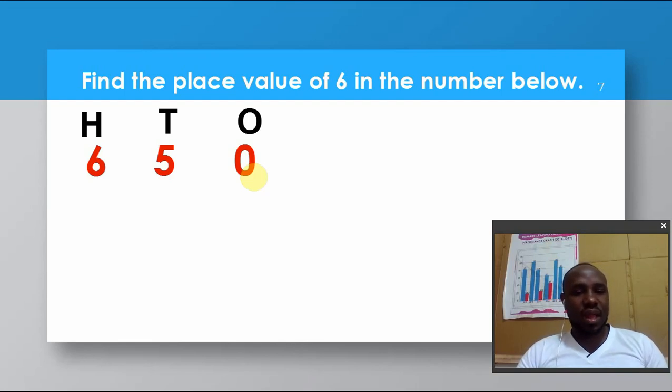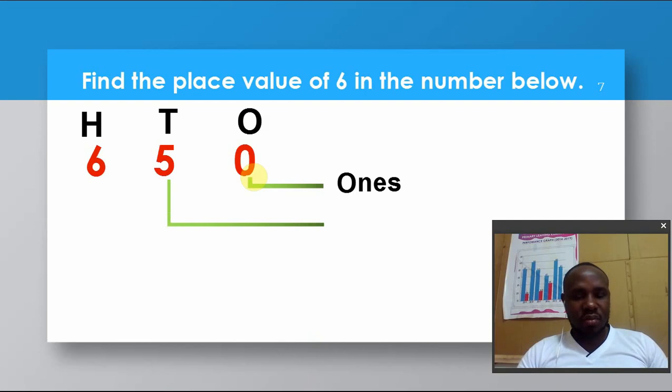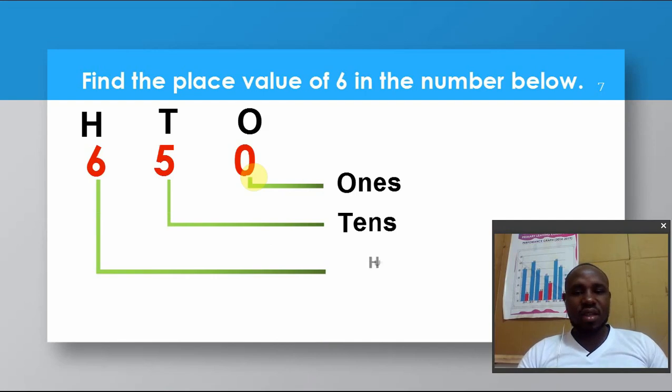It doesn't harm you to give the place values of all the numbers since we have learned them. The one of 0 is ones, and we know how to spell ones. The second one is tens, and we know how to spell tens. The last one is hundreds.